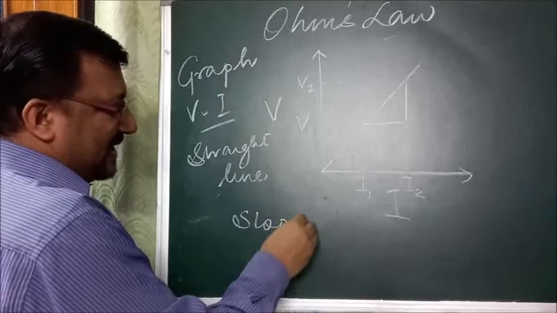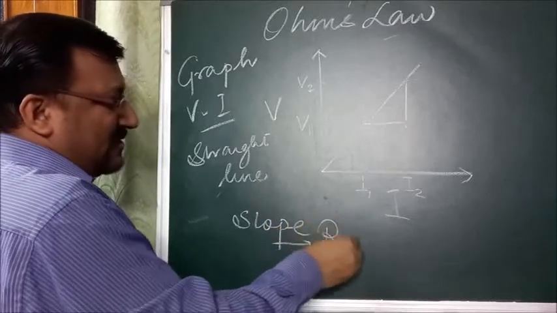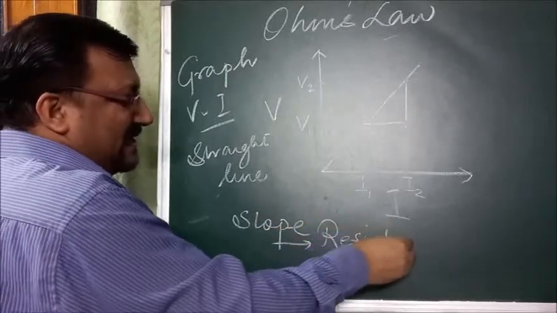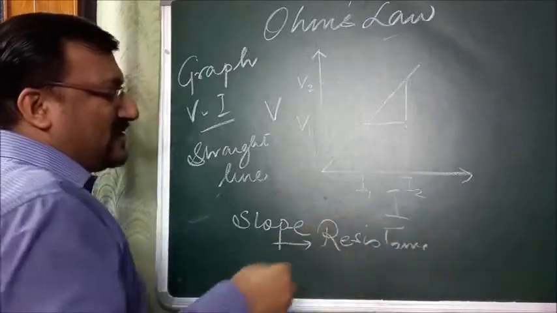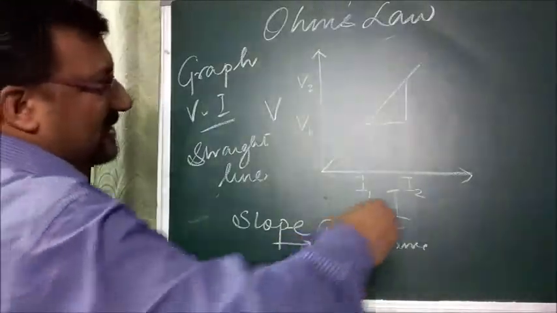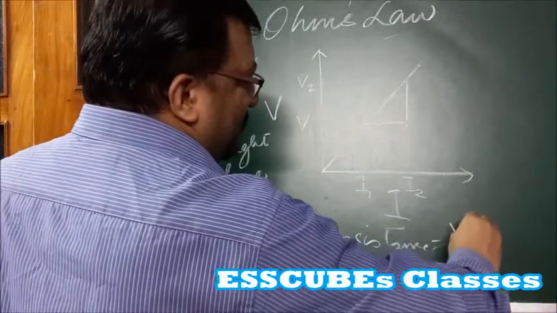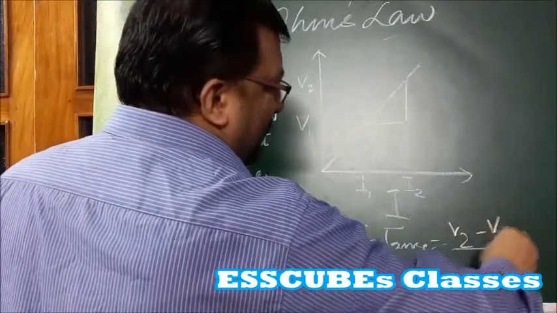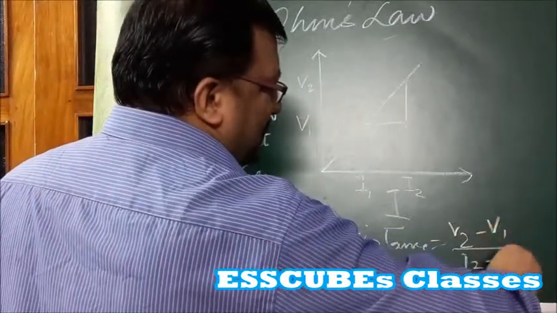Slope is the indication of the resistance. So how can we measure resistance? Resistance is nothing but V2 minus V1 by I2 minus I1.